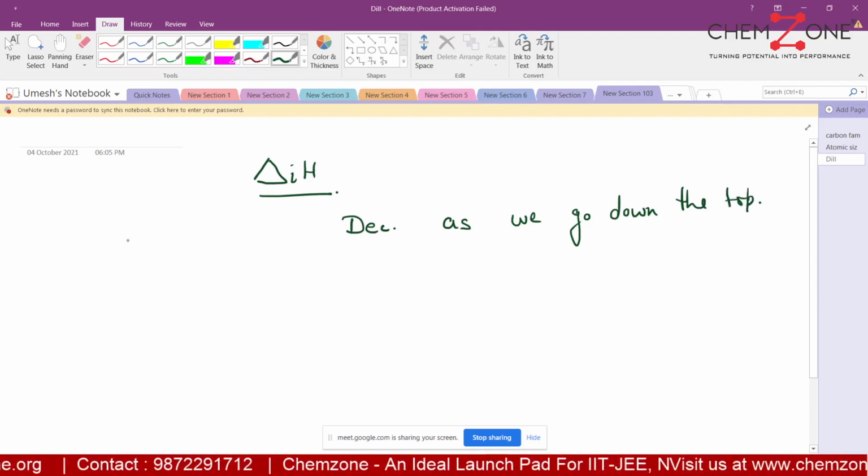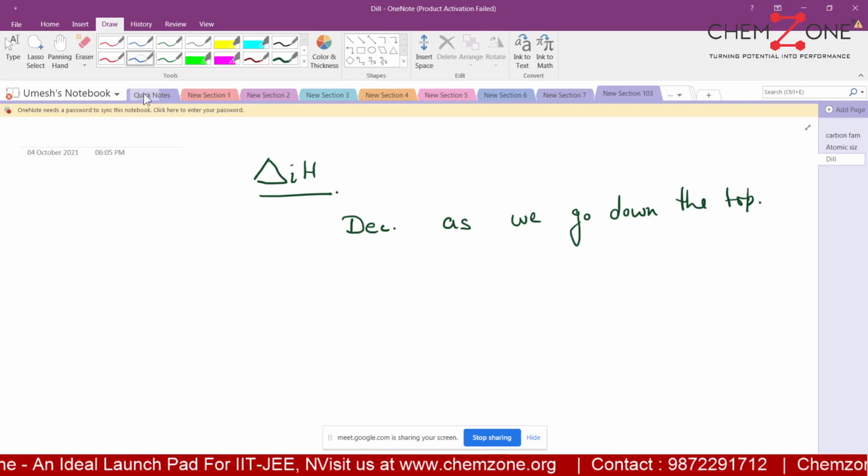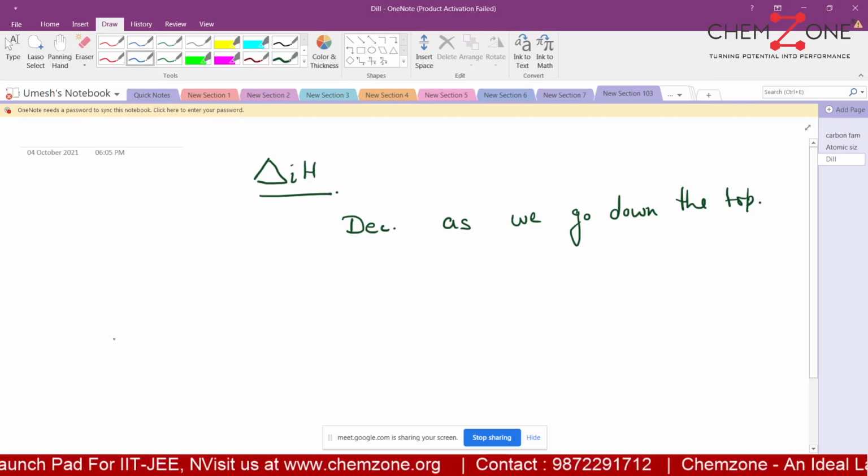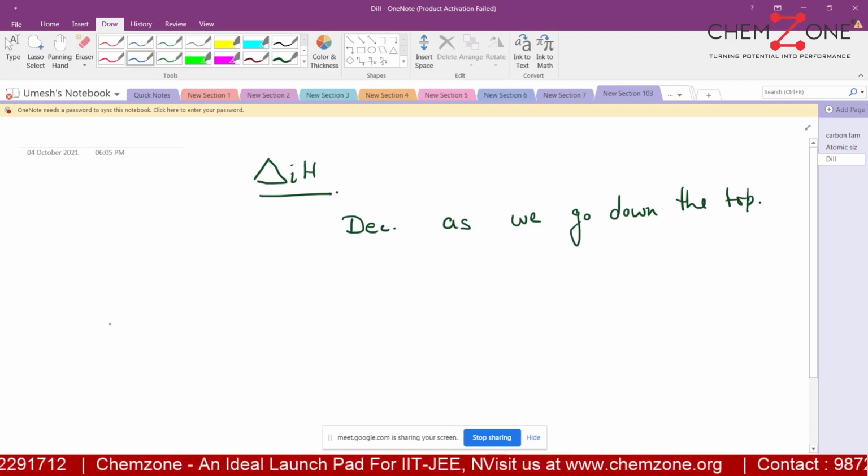Can you tell me what is enthalpy of ionization? How do you define ionization enthalpy? Enthalpy of ionization is the amount of energy an electron needs to lose from its ground state. Yes, the energy required to eject electrons.